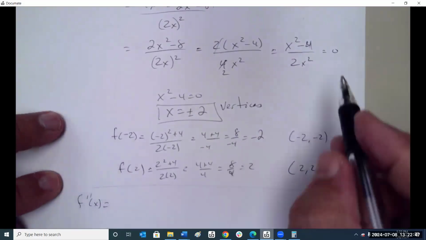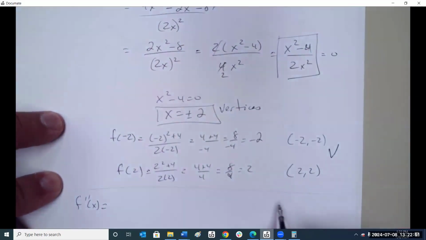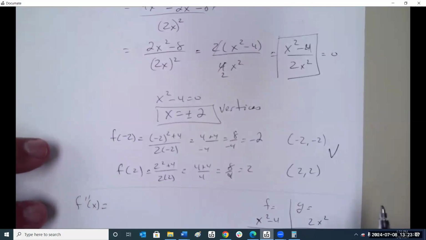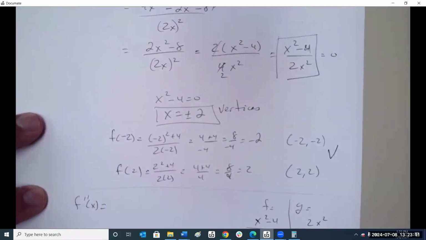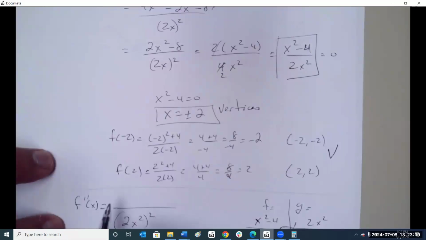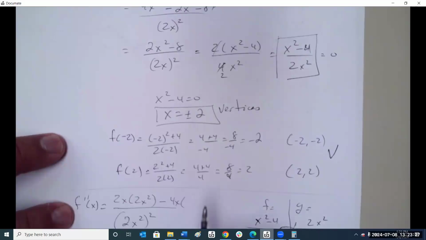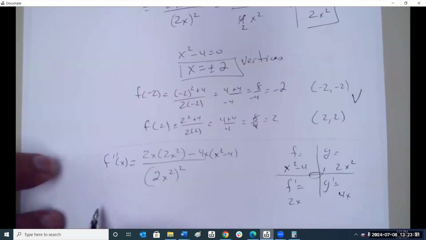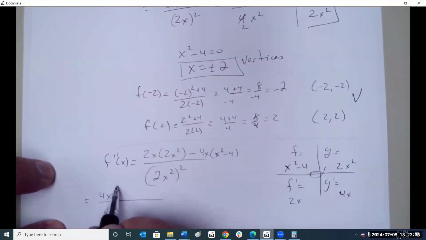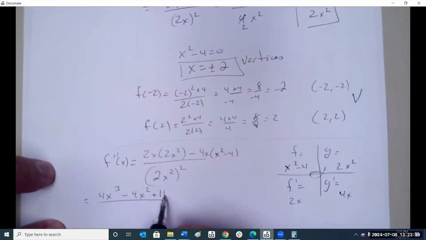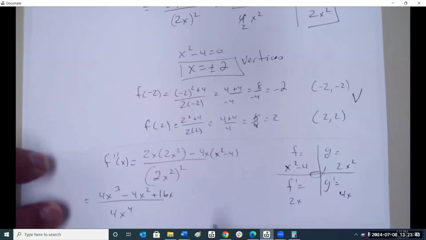And the second derivative of that function. x squared minus 4 over 2x squared. 2x times 2x squared minus 4x times x squared minus 4. 4x cubed minus 4x cubed plus 16x, over 4x to the 4.